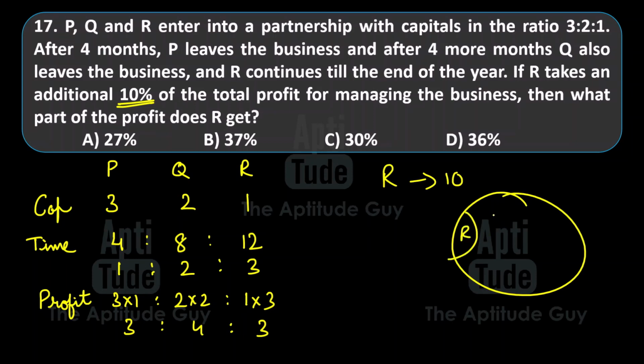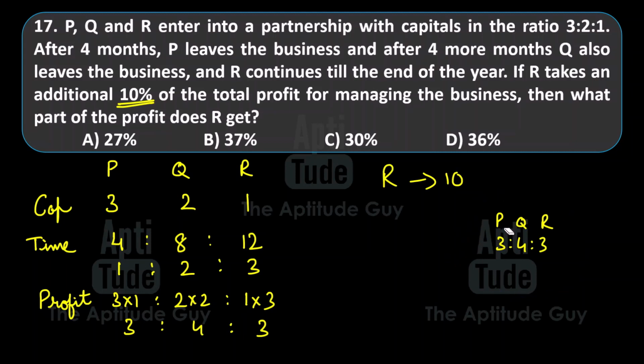And then the remaining 90% gets distributed amongst them in the ratio 3 is to 4 is to 3. Again with P, Q and R. R is already getting this 10%. This 10% goes to R. But then R gets another additional share from this one also. So this part is ours and it is untouched by anybody else. That is what it means.